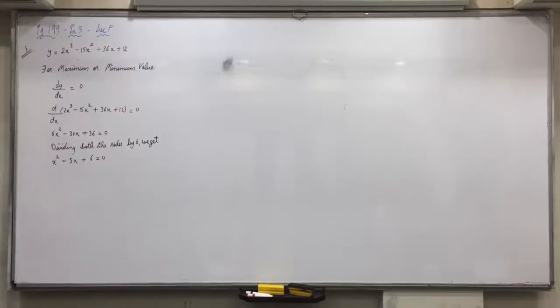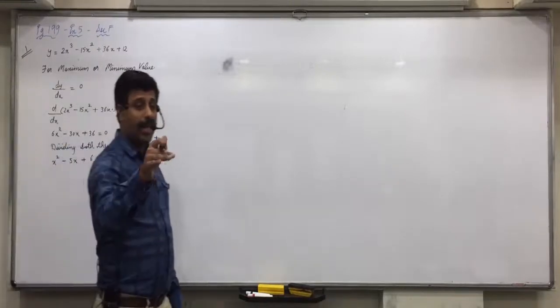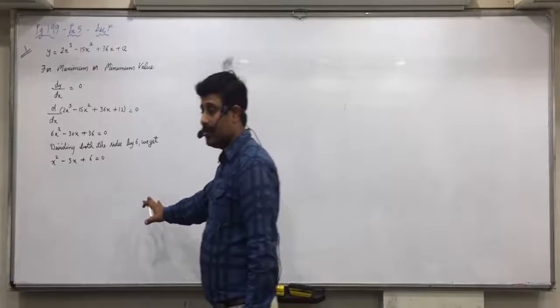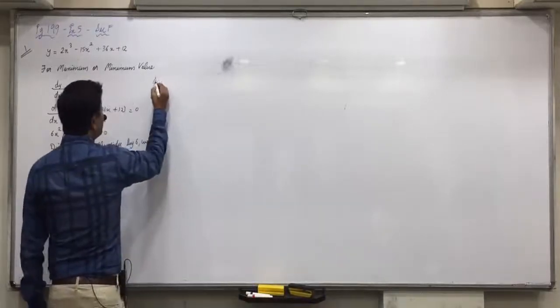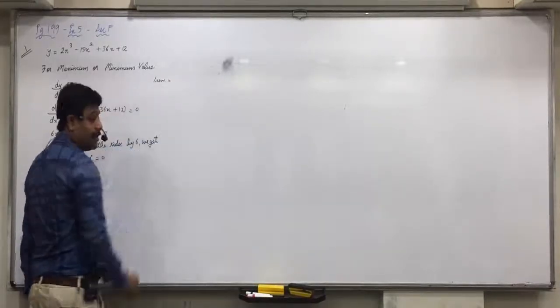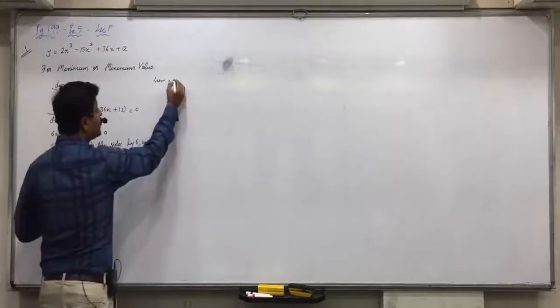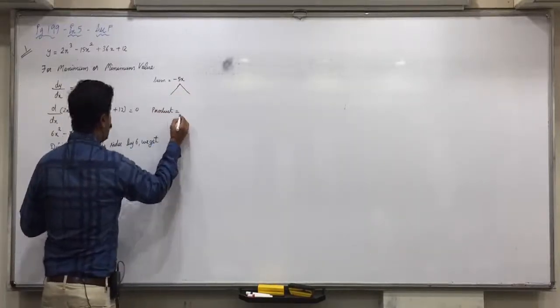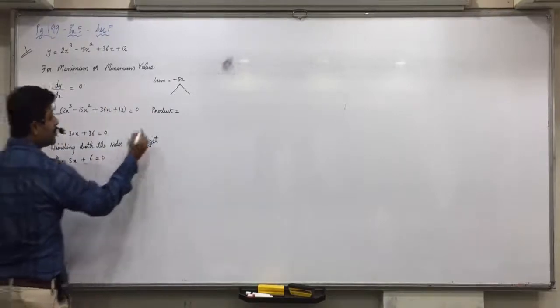Now here we have to do it by factorization only. Here no shortcut will work. In limits we had one factor available because it was given x tends to a, so we could do the shortcut. Here it's not possible. So we have to factorize in such a manner that the sum should come minus 5x and we have to split in two parts such that the product is 1 into 6, 6.